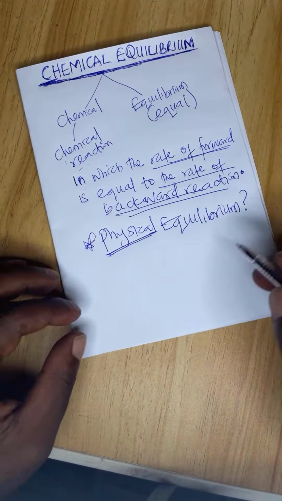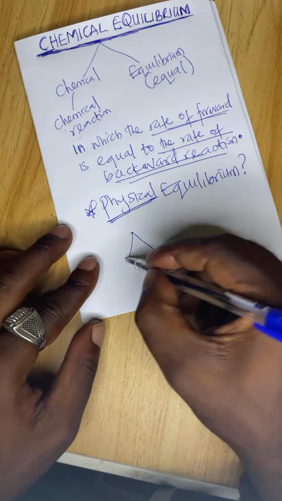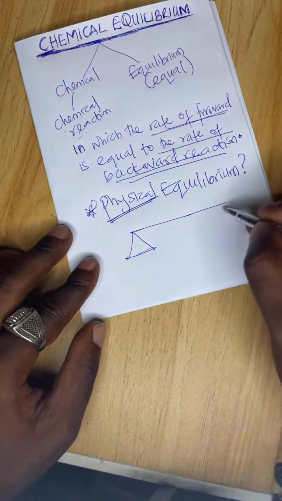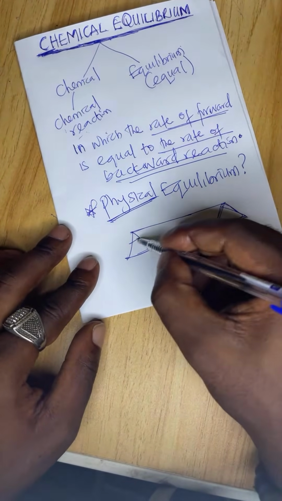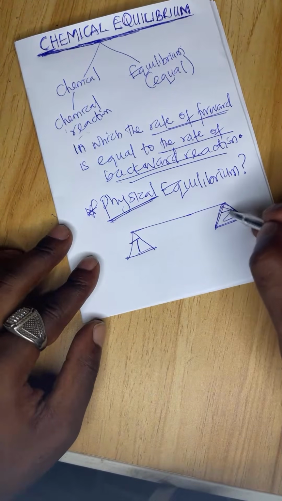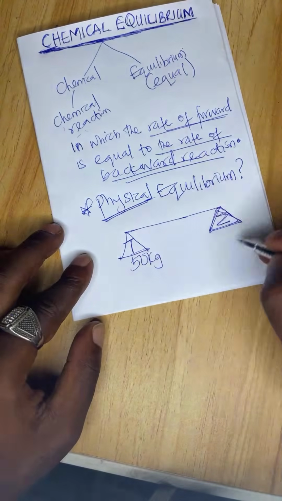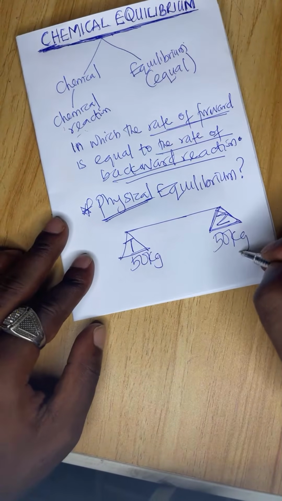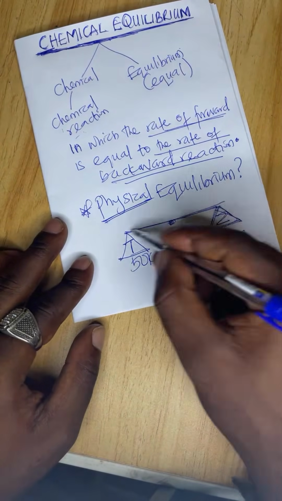Yes, there is. I'll give you an example. Let's say Tilda, when she was in primary school, that seesaw that you guys do, Tilda is here and Zacchaeus is here, right? Now, if Tilda weighs 50 kilogram and Zacchaeus weighs 50 kilogram, they are equal. That is why they will be balanced.